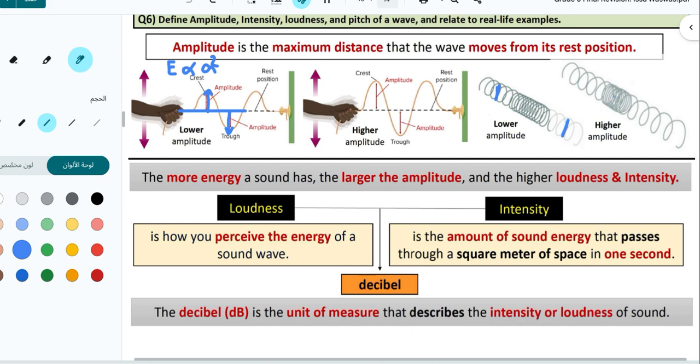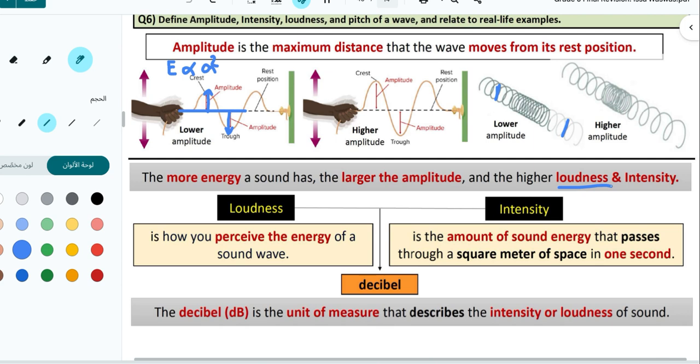The more energy a sound has, the higher the amplitude and the higher the loudness and intensity. So what's the difference between amplitude, loudness, and intensity? Loudness means how we hear it. So loudness is going to be exactly how we perceive the sounds to be. So it's how each individual hears the sound.